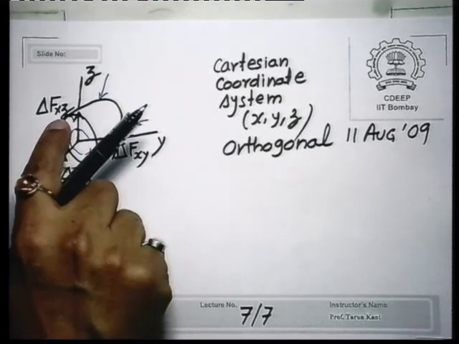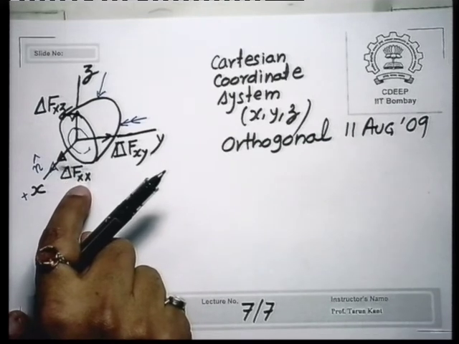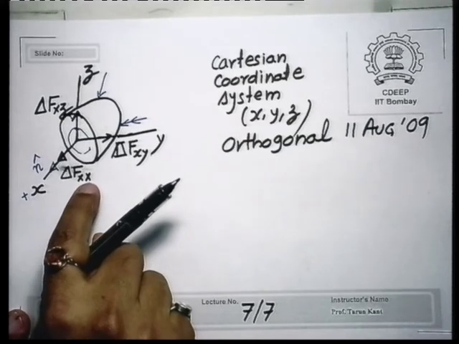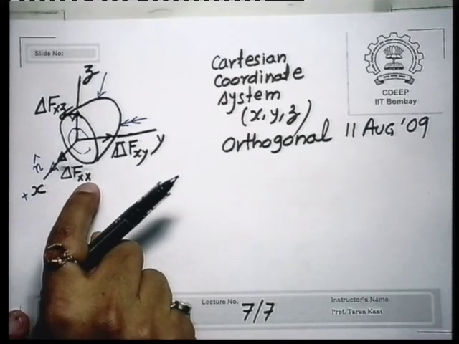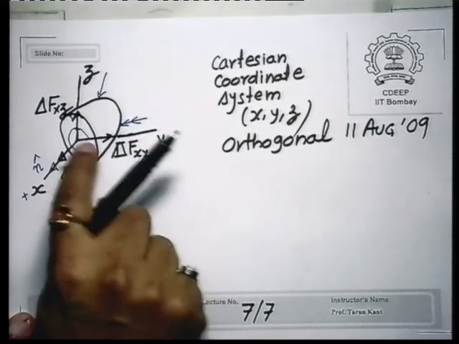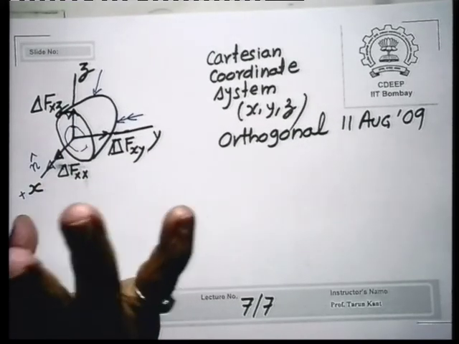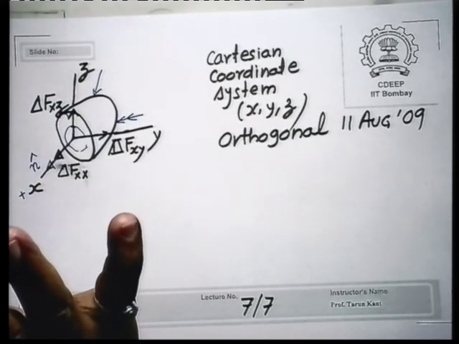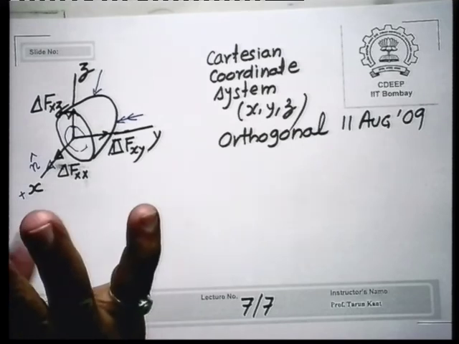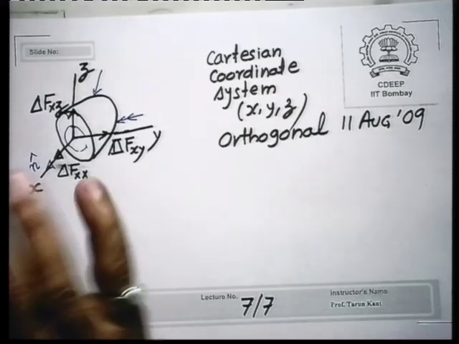Delta Fx means these are forces acting on a plane whose outward normal is in x direction. Is it clear? And then what is the second one? Second one shows the direction in which it is acting. So this is x direction, this one is in y direction, this in z direction. So there are two subscripts. The first subscript defines the plane outward normal, and the second subscript defines the direction in which the forces are acting.